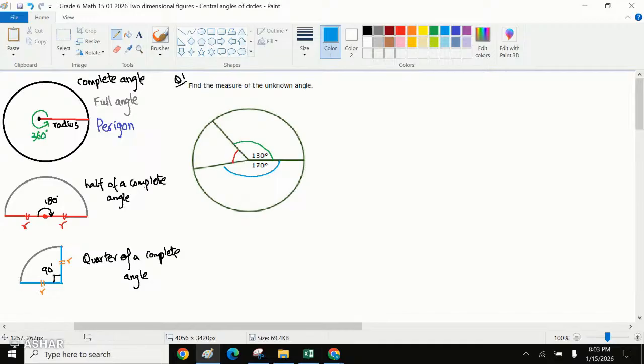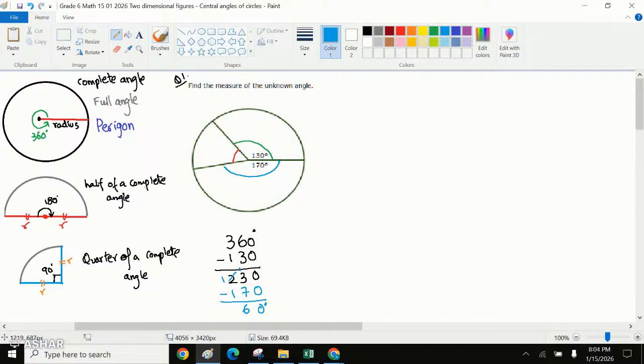Or from the total, we subtract the given two angles: 360 minus 130 is 230. Now we subtract the next angle, 170: 0, we carry 1, 13 minus 7 is 6, and this would be a 0.